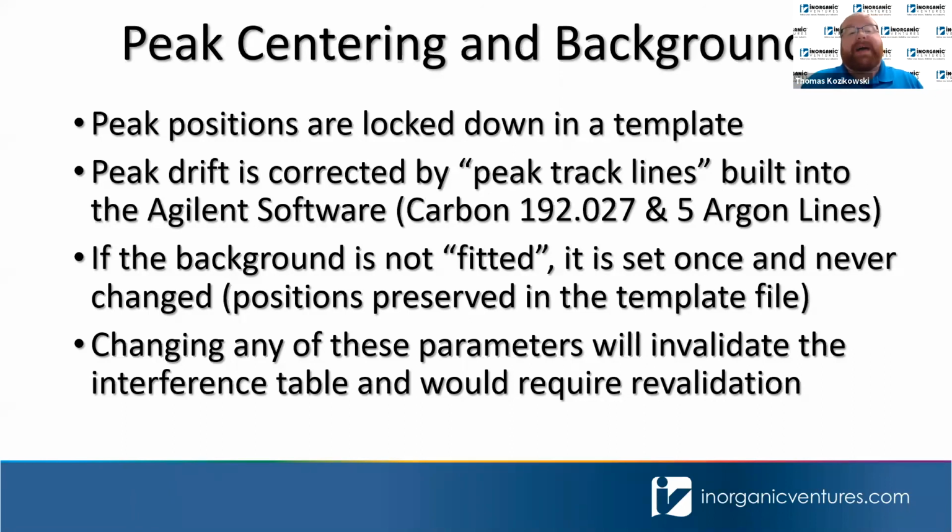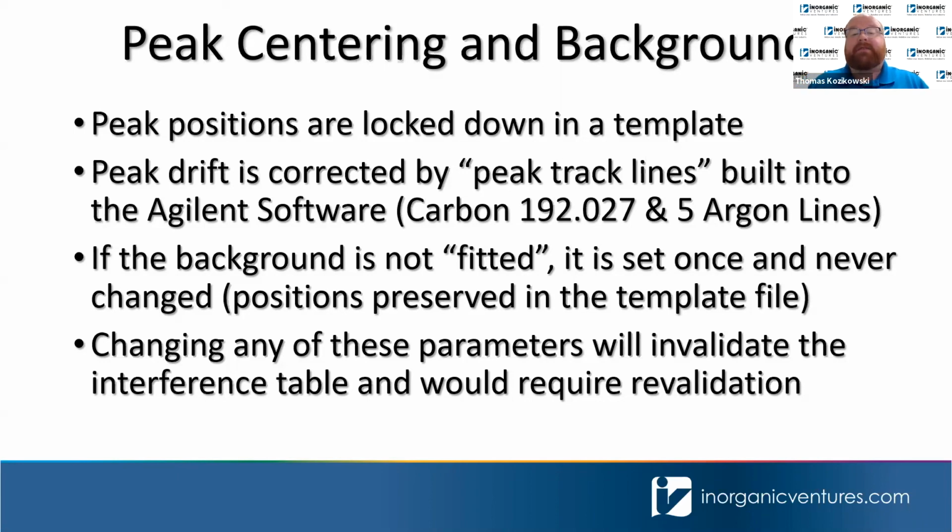The next thing is the background. So your background has a fitted model that works very well, but sometimes that messes up when you've got those interference shoulder peaks. It'll start drawing some weird backgrounds. So some of those get changed to right adjusted, left adjusted, or both 2-point background. Whatever we picked, we locked it down.